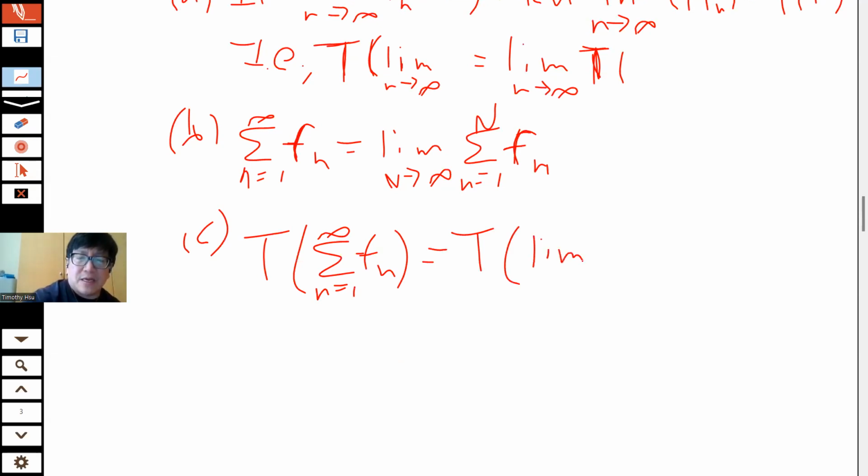So I'm going to do this like a sort of two-column proof. Every time I do something, I'm going to give a justification for why it works.